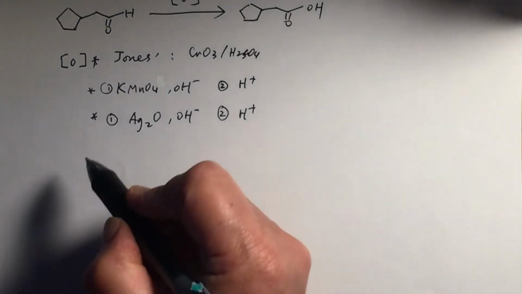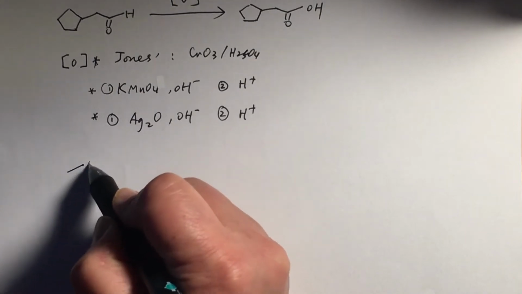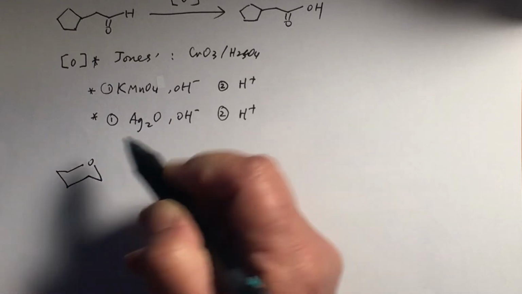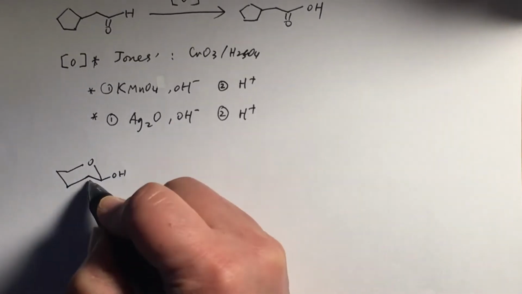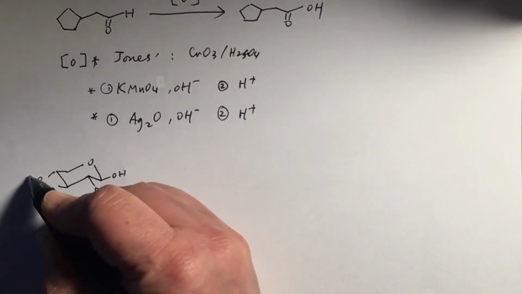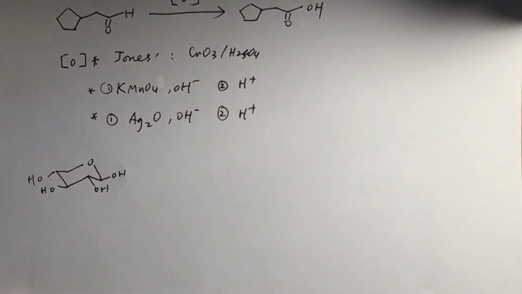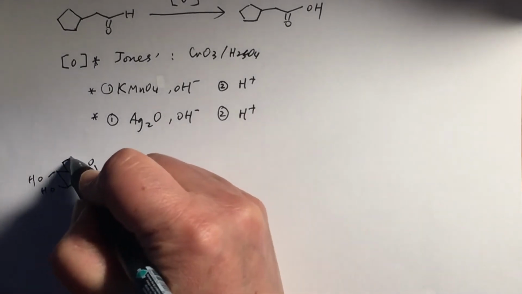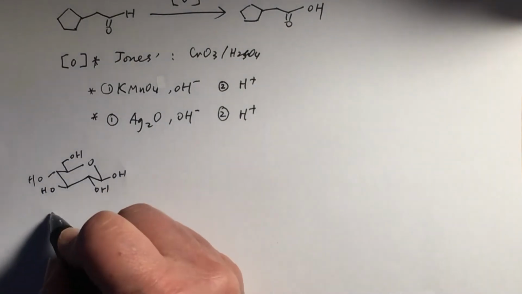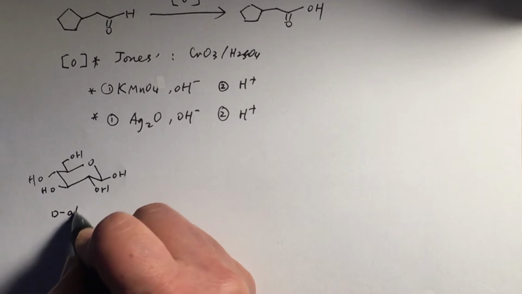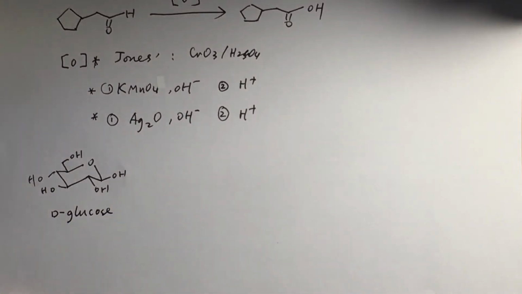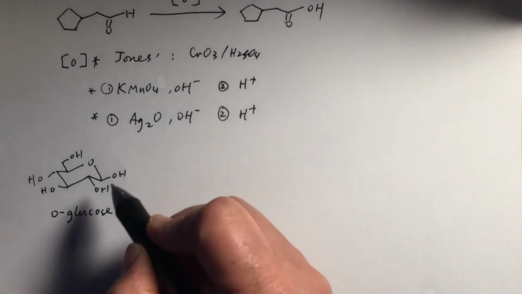The D-glucose is this guy. And D-glucose primarily exists in this cyclic hemiacetal form.